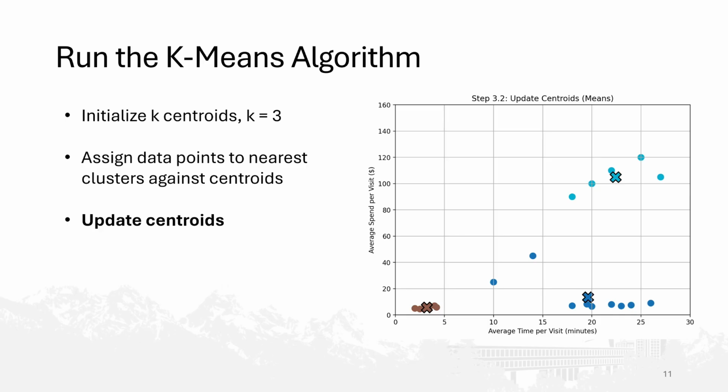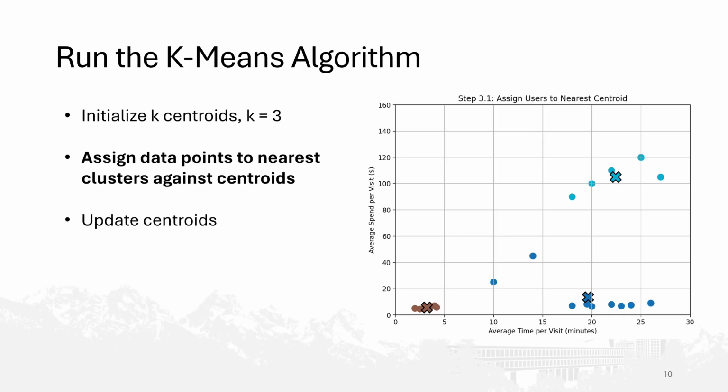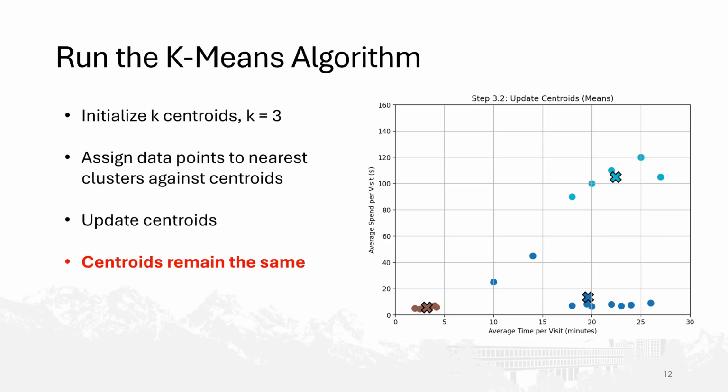Now you will notice one thing: after we update the centroids, they remain the same, right? They remain the same. That means there's no change to the clusters, and the centroids don't change. That means there are no new updates.